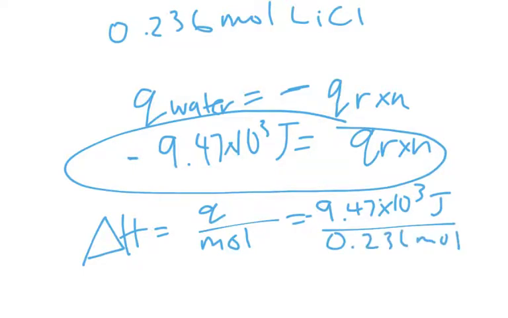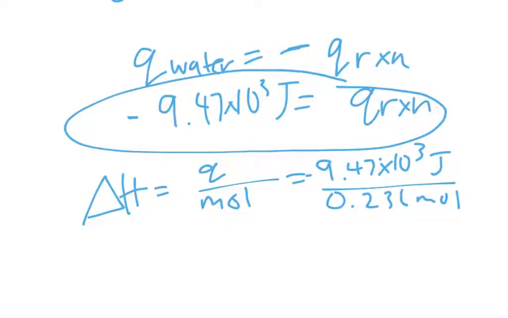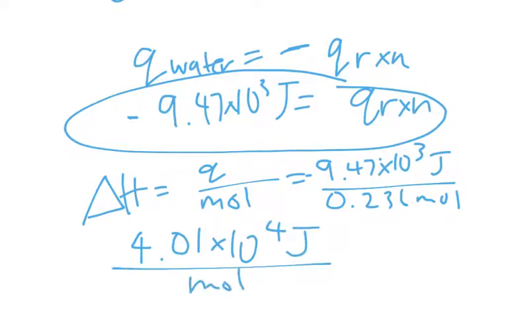And doing the math, we get, well, let's see, 9.47 times 10 to the third divided by 2.36. We get about 4.01 times 10 to the 4 joules per mole of lithium chloride as the delta H naught of solution.